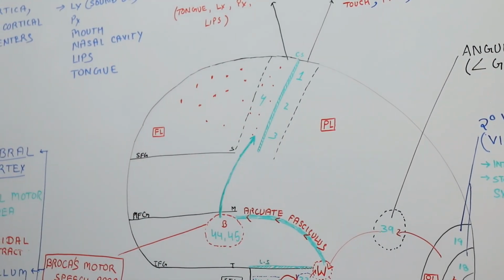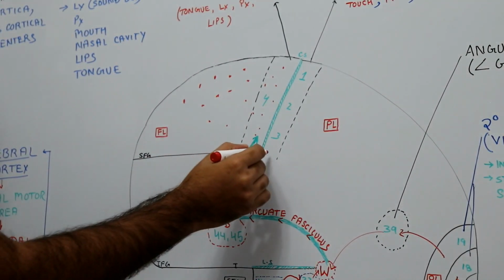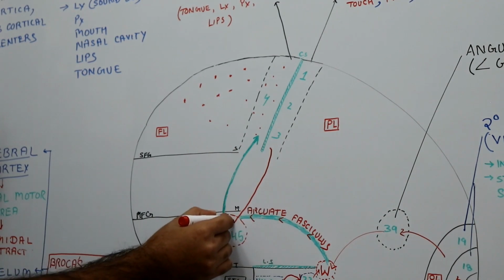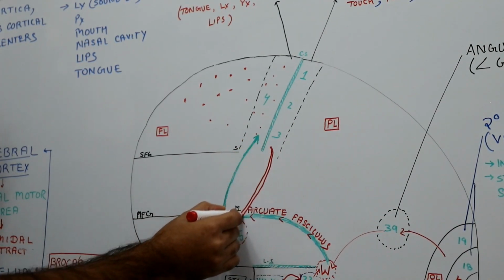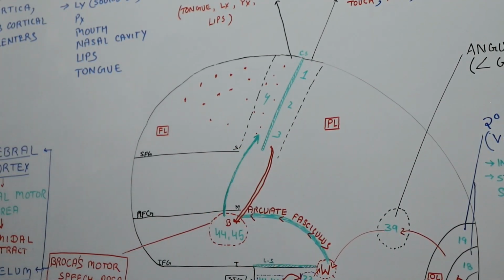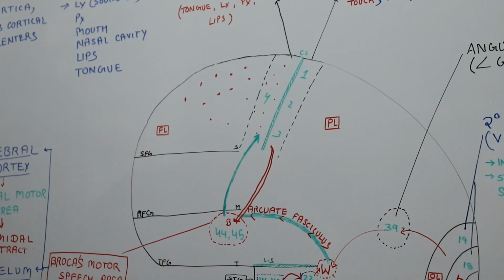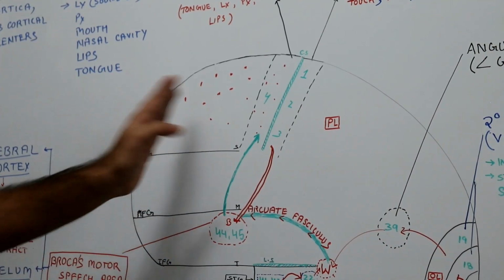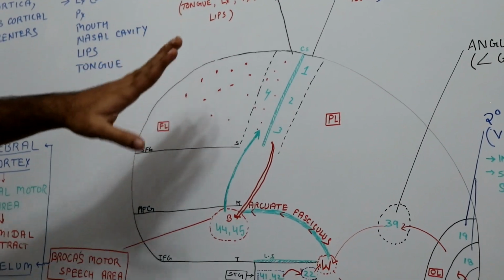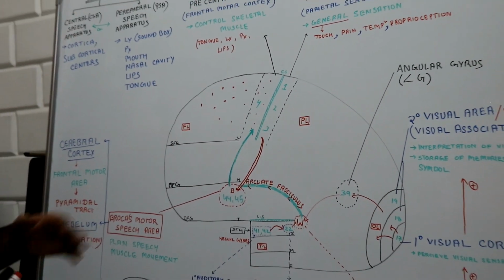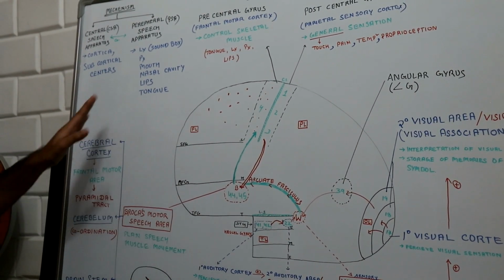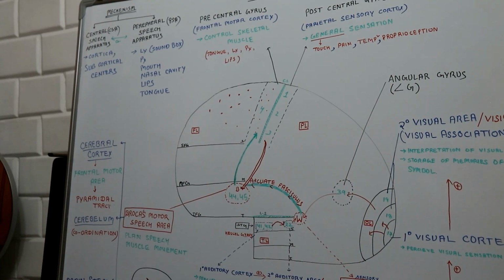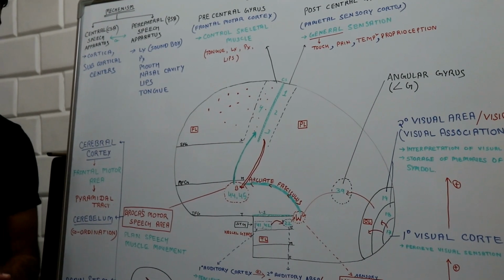From the post-central gyrus some fibers will come towards Broca's area, and the whole mechanism will perform the same way. Broca's area will plan speech muscles and give the information toward the precentral gyrus of the frontal motor cortex, which controls skeletal muscles, and will give the information toward the cerebellum and brain stem, then speech will be performed.